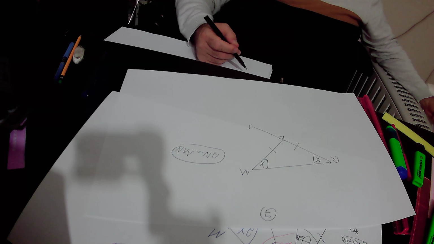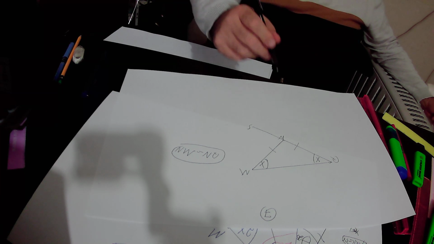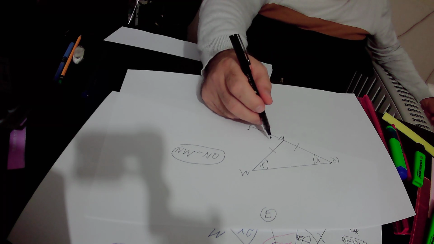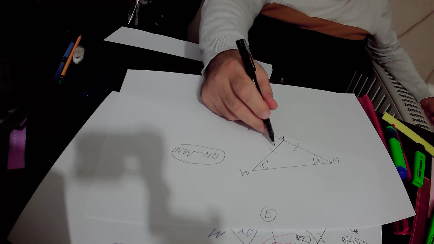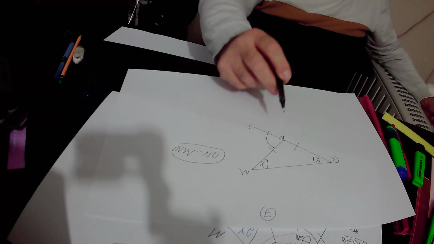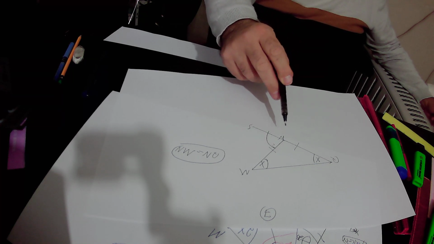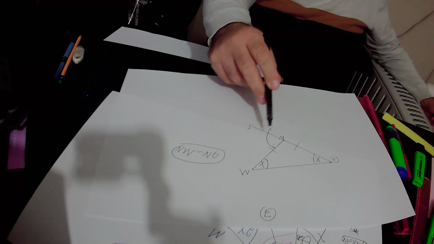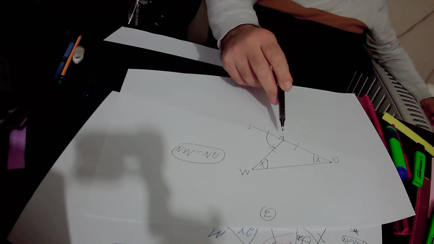And according to rule number 4, the exterior angle MNS, the exterior angle in triangle QMN, angle MNS is an exterior angle.